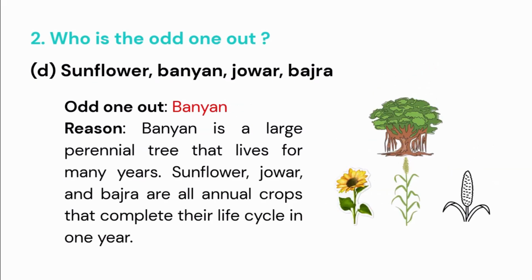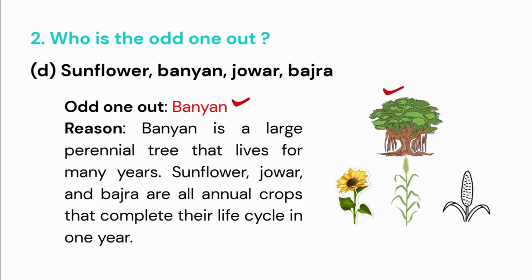Next question. Sunflower, banyan, jowar, and bajra. The odd thing from this group is banyan. Why? Because banyan is a large perennial tree.